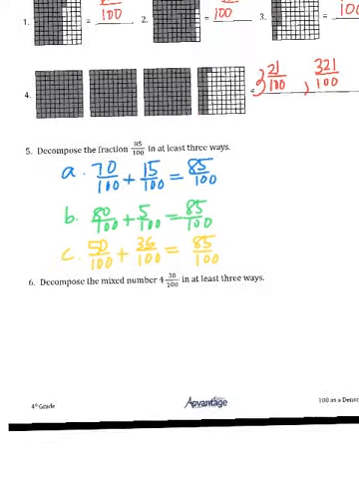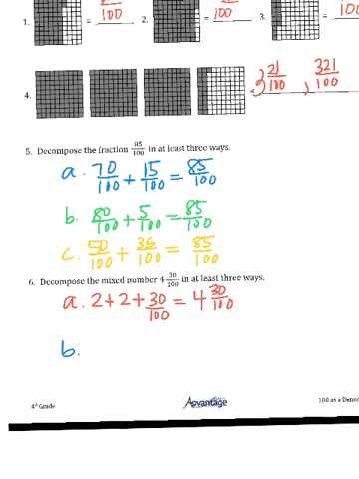Okay, number 6, decompose the mixed number 4 and 31 hundredths in at least 3 ways. Okay, one way, let's do 2 plus 2 plus 31 hundredths equals 4 and 31 hundredths.